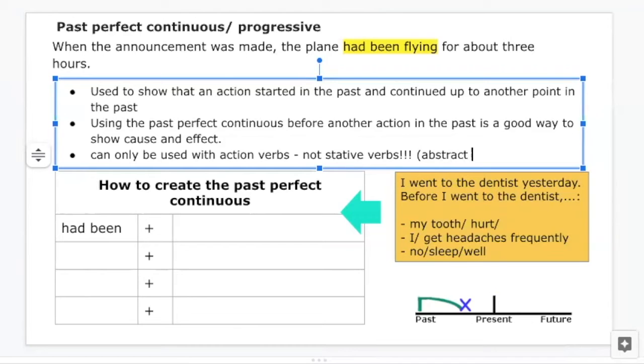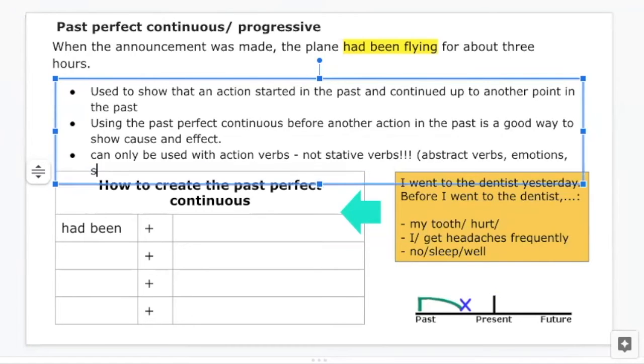Yes, they are more abstract. Not necessarily related to statements, but they're usually related to emotions or states.